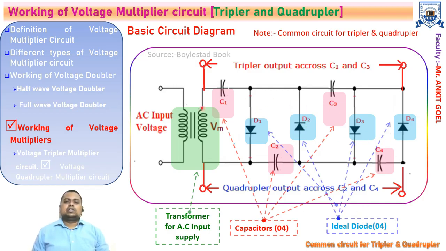So this is the common circuit which will be used for understanding the tripler and quadrupler, because if we take the output across the capacitors C1 and C3, you will get the tripler output, and when you take the output across C2 and C4, you will get the quadrupler output.